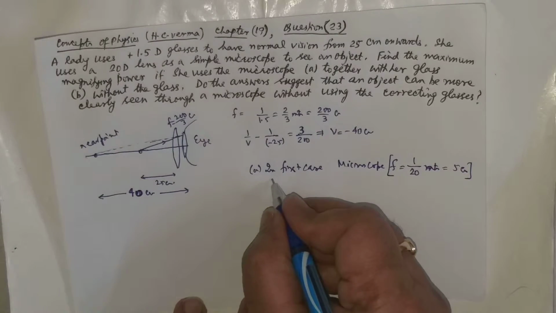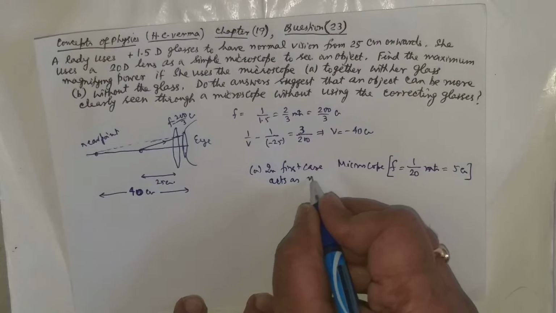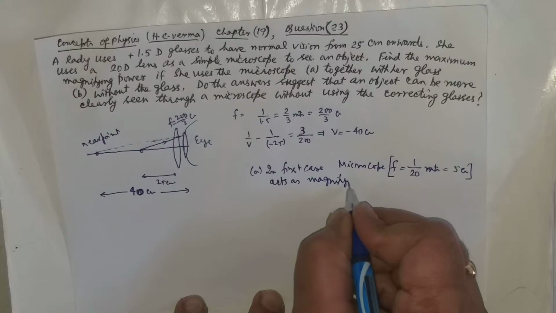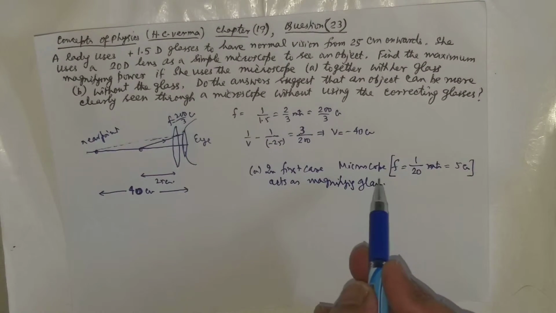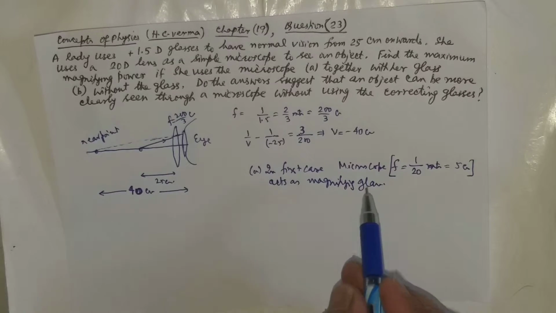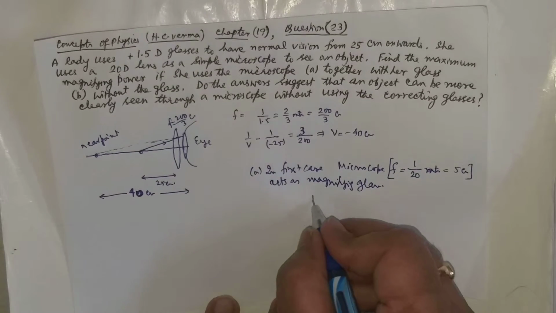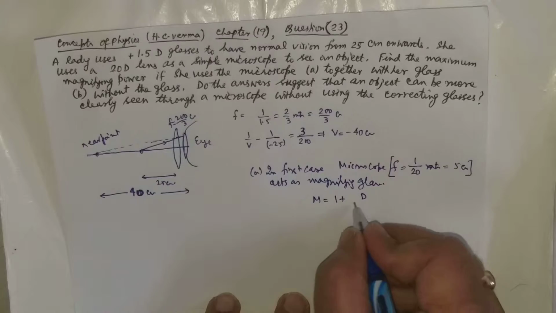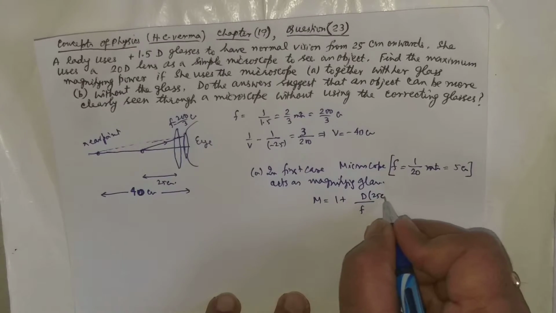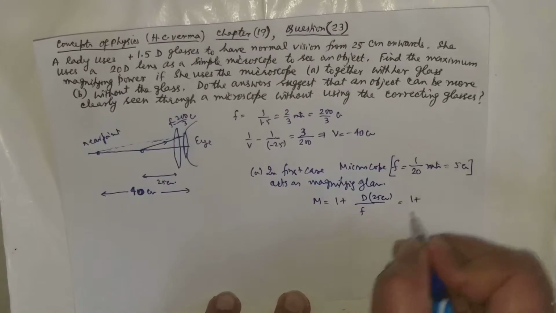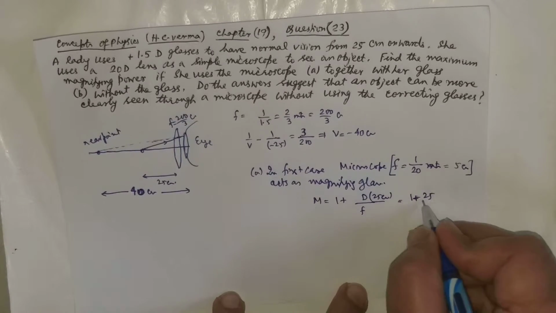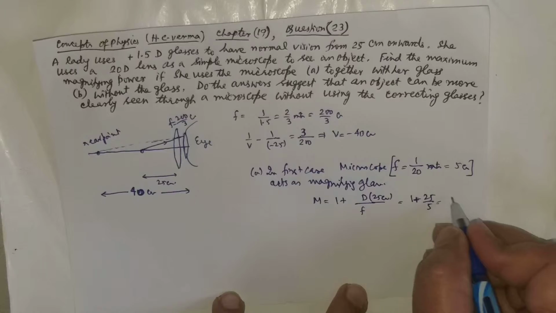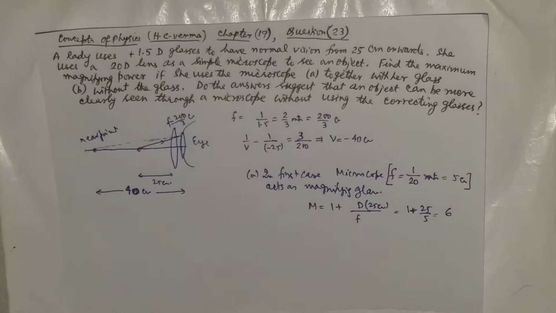The microscope acts as a magnifying glass because the simple microscope will be very close to the eye. Therefore the magnifying power will be 1 plus d by f, where d is 25 centimeter and f is 5 centimeter. So 1 plus 25 by 5, and this is 6. The magnifying power is 6.